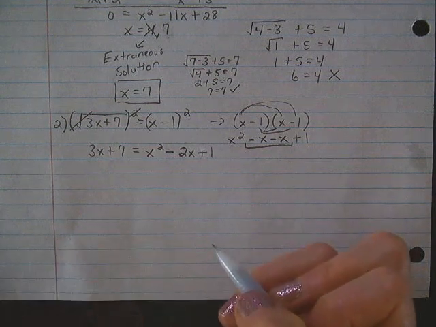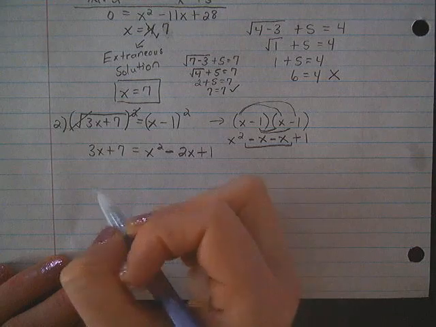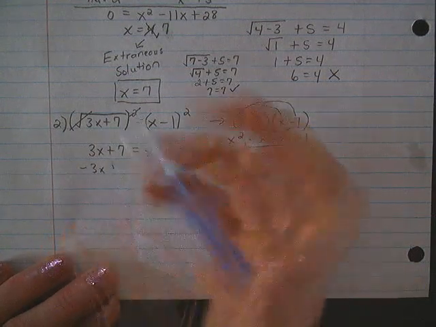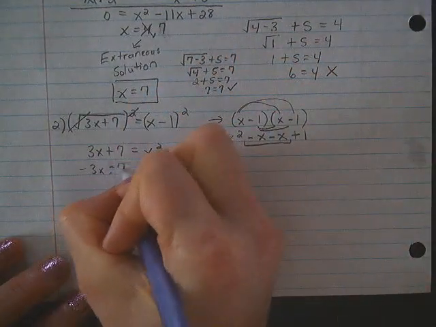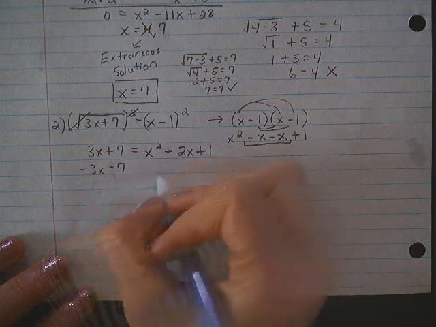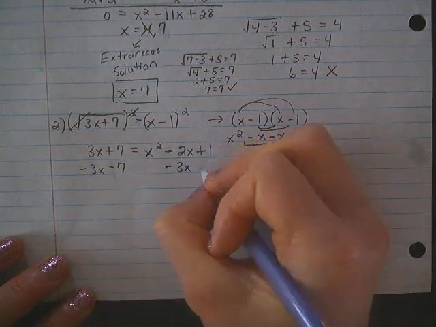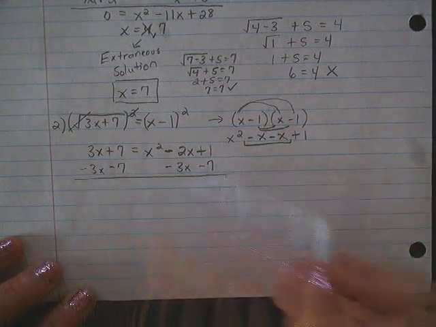But for me, graphing it is usually the easier way if I can solve it by graphing. Okay, and so I've got to get it equal to 0. So I'm going to subtract my 3x, and then I have to subtract my 7 to get those off of this side. You have to do the same thing to the other side. So I'm going to put the negative 3x underneath its like term on the other side, and same thing with the -7.